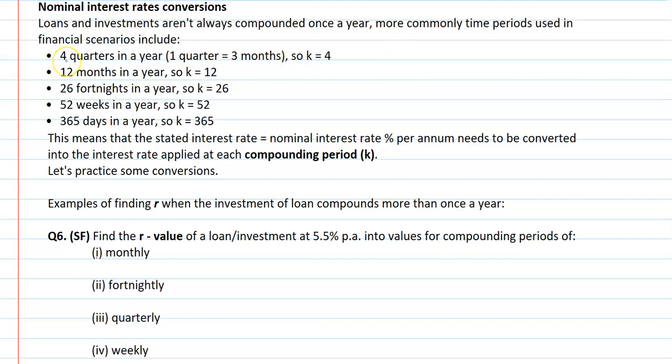So just again from unit 1 and 2, hopefully you remember your time conversions, so there's 4 quarters in a year, 12 months, 26 fortnights, 52 weeks, and 365 days. So your K values are those values.